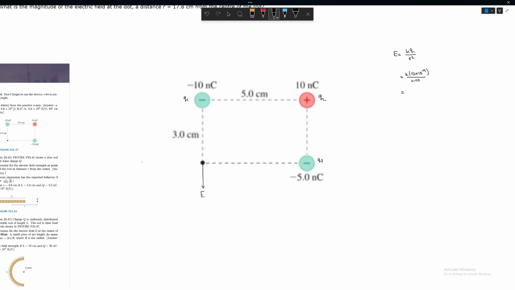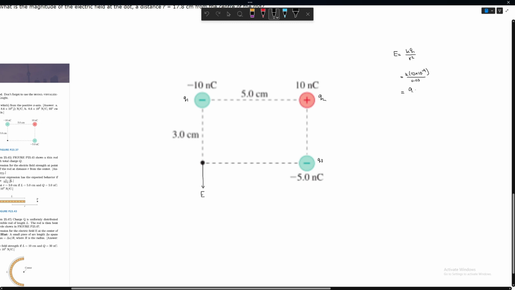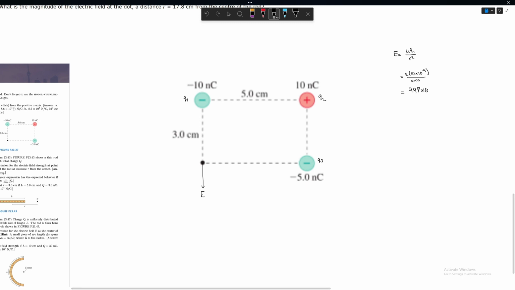Now when I calculate this, give me 1 second. All right, so what I got here is 9.98 times 10 to the 4 newtons per coulomb.